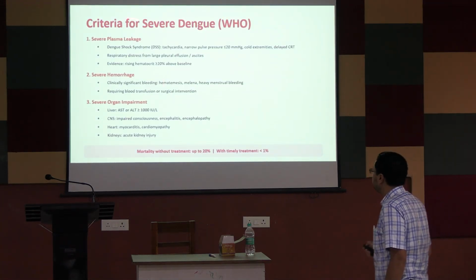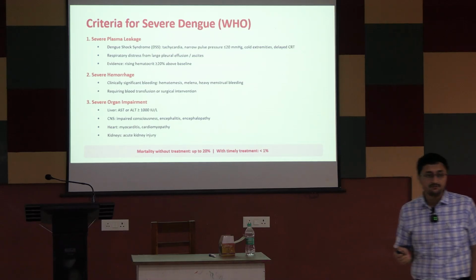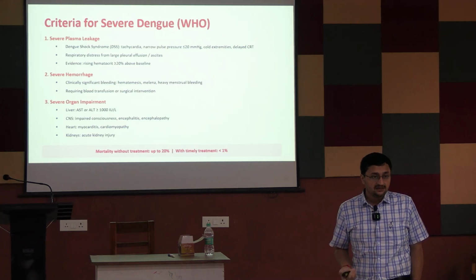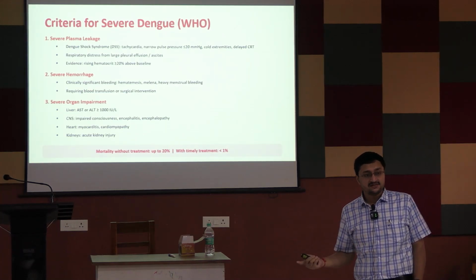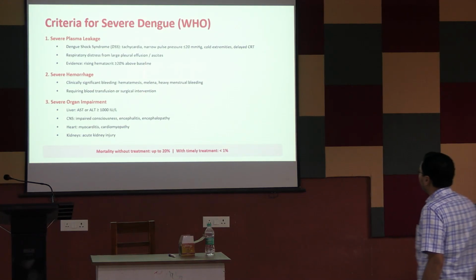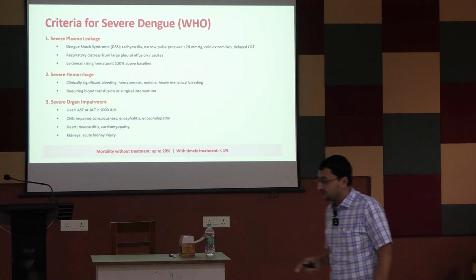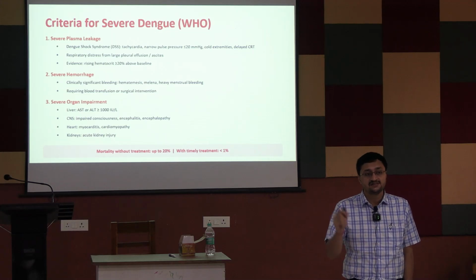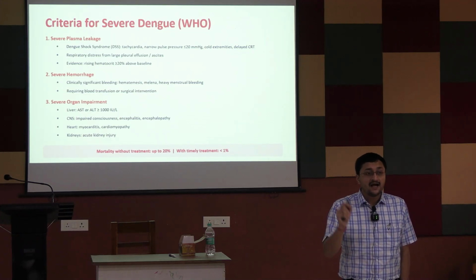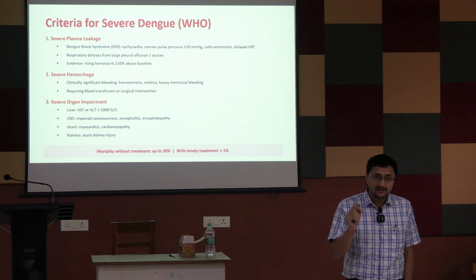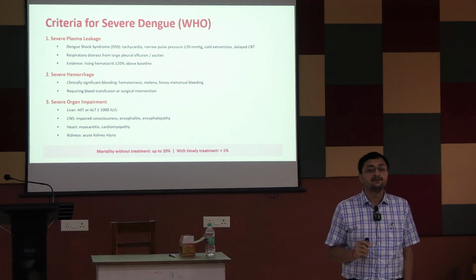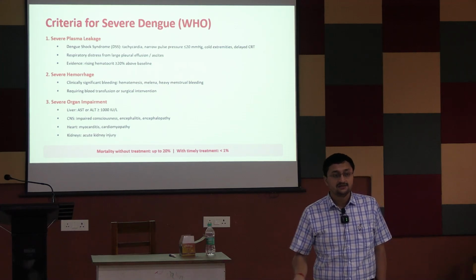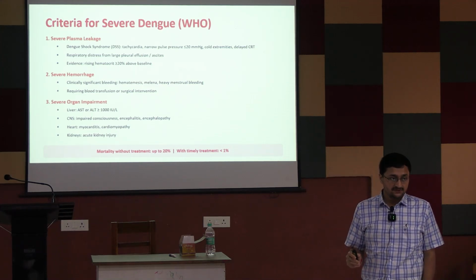As I have already mentioned, severe plasma leakage means dengue shock syndrome. That is manifested as tachypnea, tachycardia, and narrow pulse pressure, and the blood pressure also, systolic blood pressure less than 90 millimeter of mercury, or diastolic blood pressure less than 60 millimeter of mercury, and most importantly, mean arterial pressure less than 65 millimeter of mercury, along with tachycardia and the narrow pulse pressure.